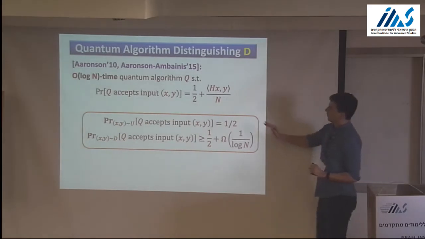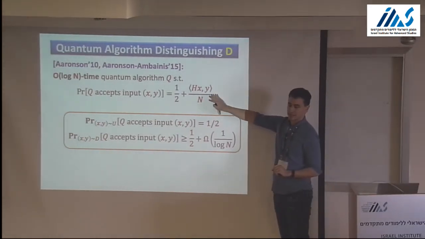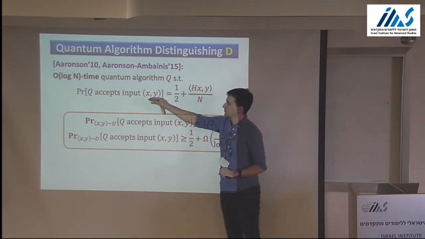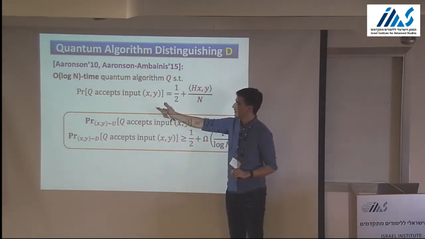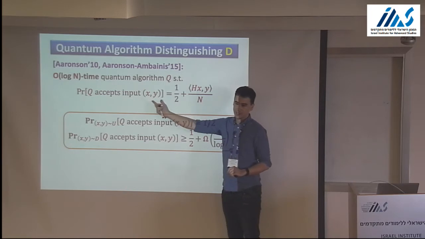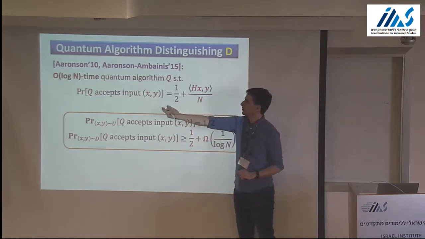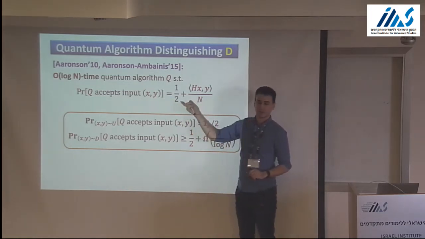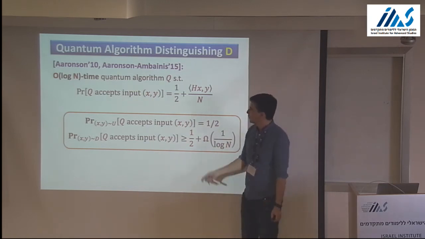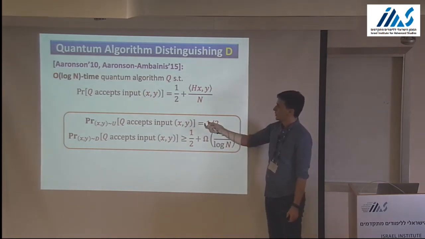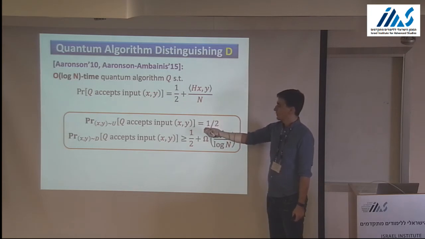Okay, so we're going to show the algorithm in the next slide, but let's just assume that this statement is correct. So notice that this probability is over the randomness of the quantum algorithm. So the x and y, you should think of them as fixed, and this is the probability that for a given x and y, the algorithm would accept. What would happen when you take x and y to be uniformly random, and you take them independently?